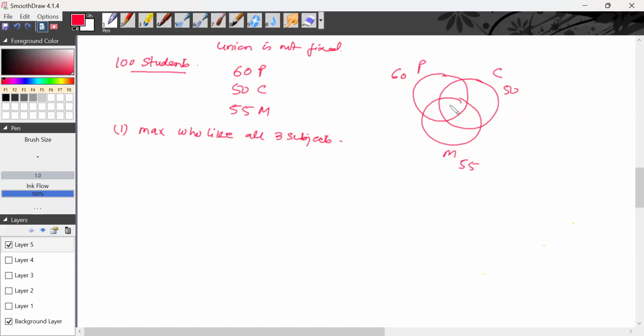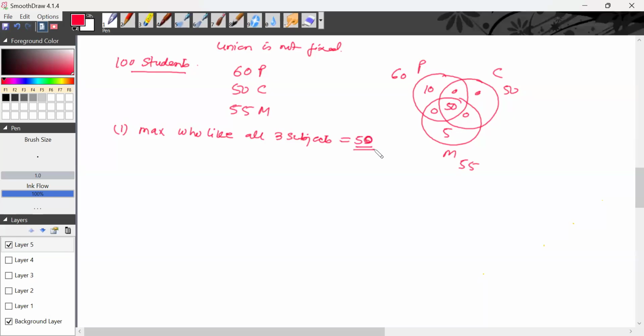Same with 55. So obviously, I can take the entire 50 here and keep everything 0 here. I have to insert 60 here and 55 here. So I can keep 5 here, keep it 0 here, keep it 10. In this case, I can ensure that the maximum number of people who like all 3 subjects is 50.